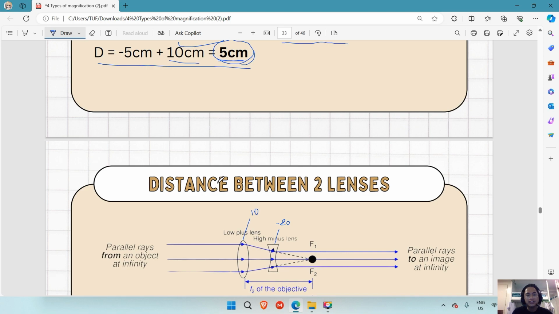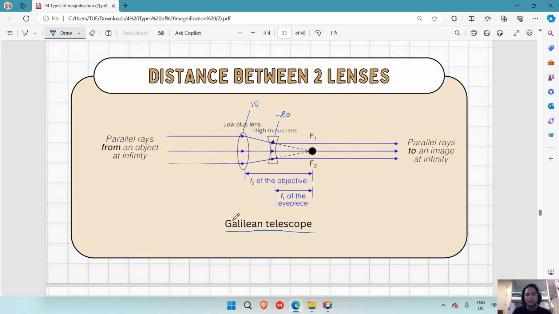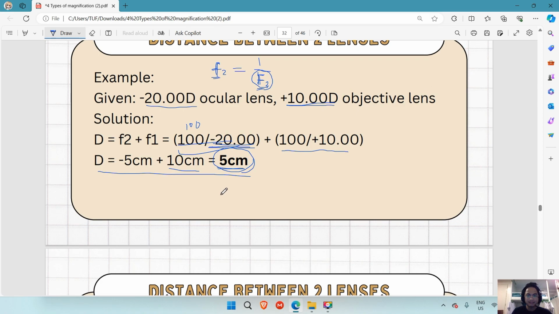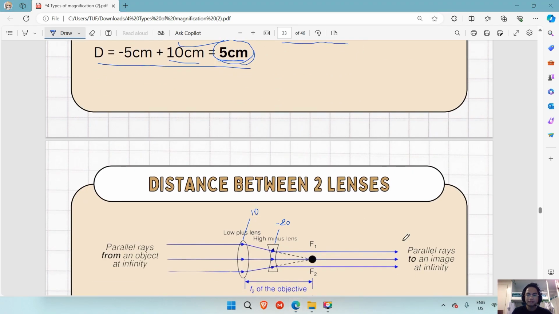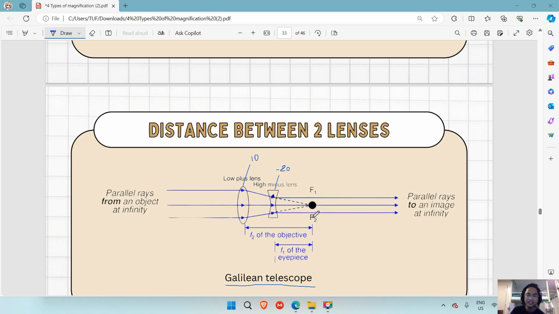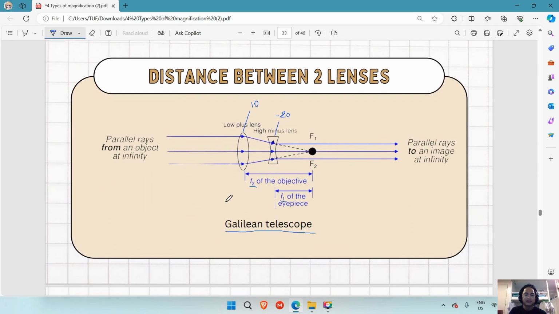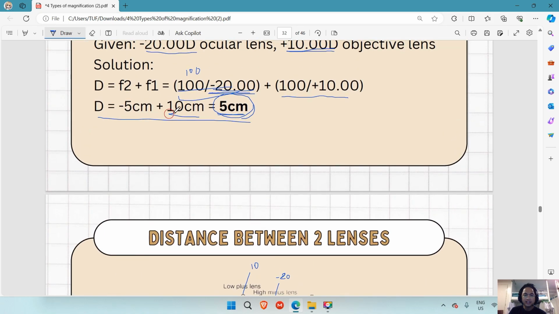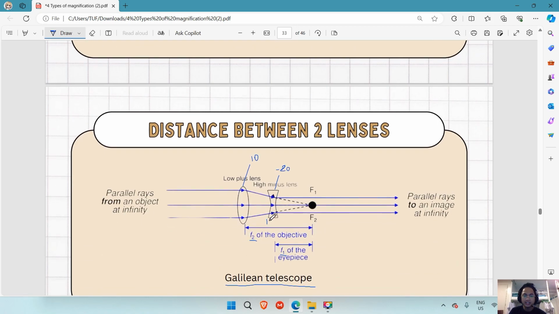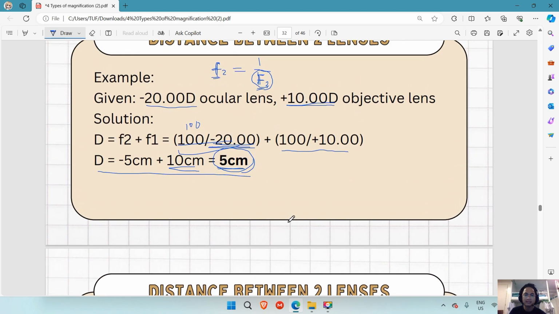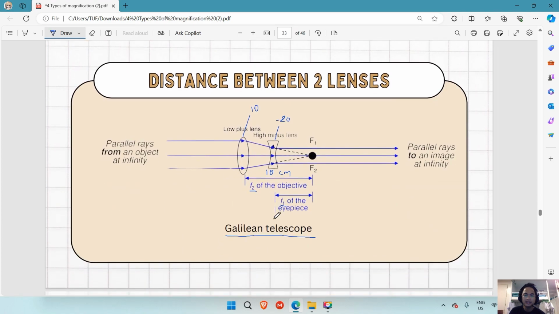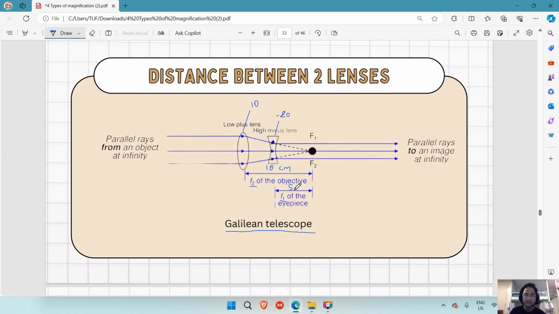Now we have this given, and these are the f2 and the f1. The 10 centimeter is deducted by this 5 centimeter.